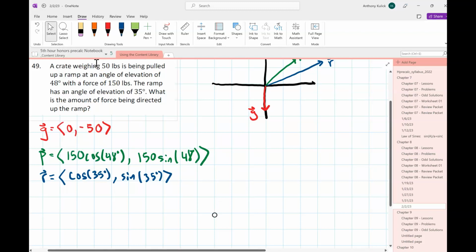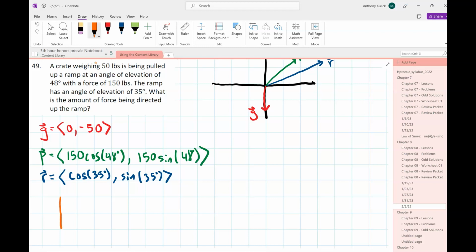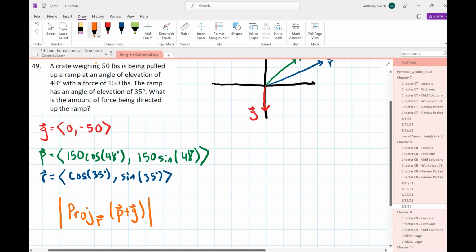What are we being asked for? We want the amount of force directed up the ramp. So we're going to be projecting onto the ramp. What vector are we going to be projecting onto the ramp? P plus G, because both those vectors are forces. They're both interacting with the ramp.